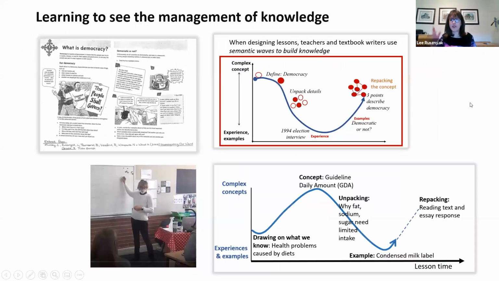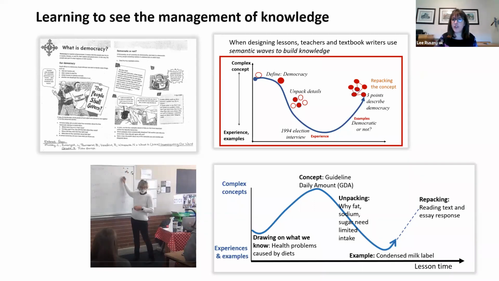So how do we get them to, for example, learn to see the management of knowledge? We teach them explicitly semantic waving and let them, as part of their assessment, analyze semantic waves in their readings, in their essays, in textbook extracts, and in recorded lessons that they observe. And so we make working with knowledge part of the object of study of the course.